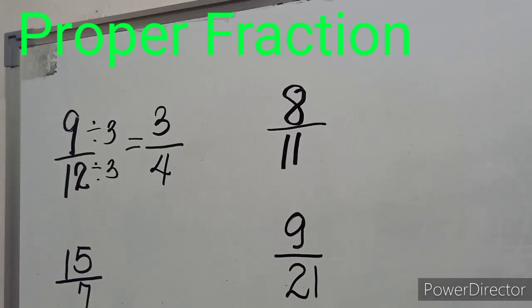They are still the same, but 3/4, as I've said, is considered the simplified form because we have removed the common factor of 9 and 12.